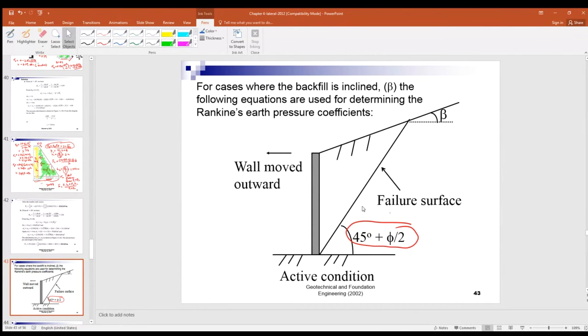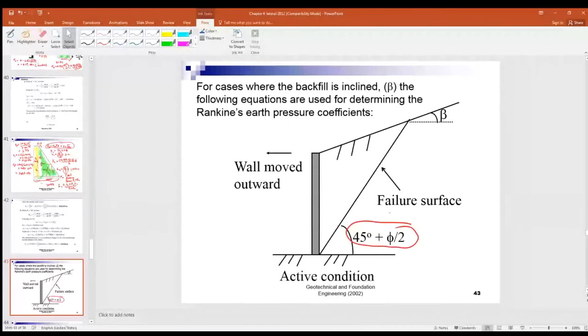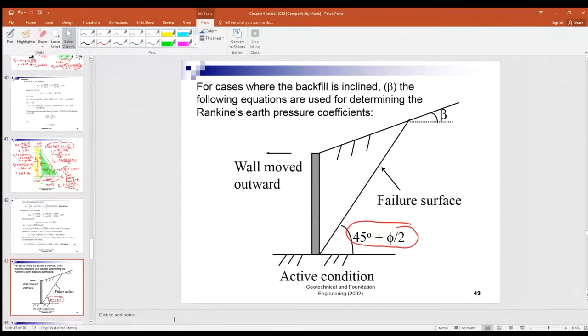If at the top of the wall the ground surface is not horizontal, but a sloping surface at an angle beta, right? Angle beta here.